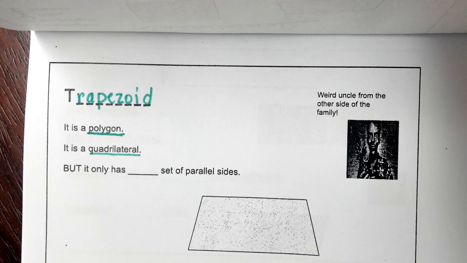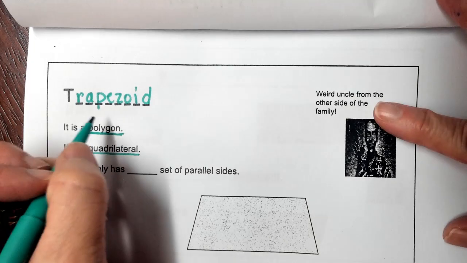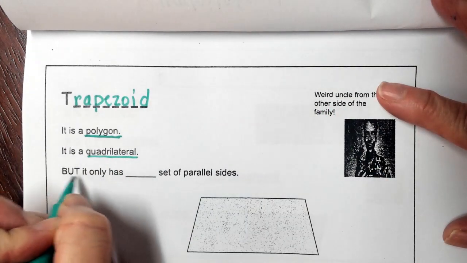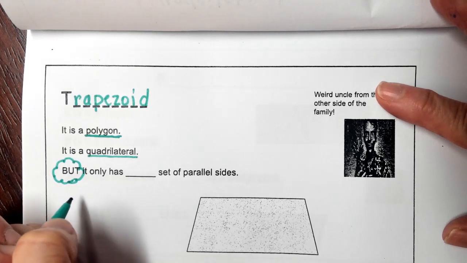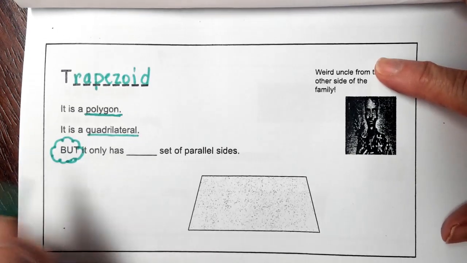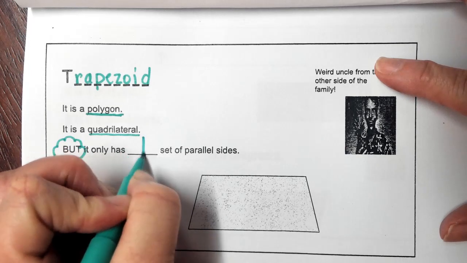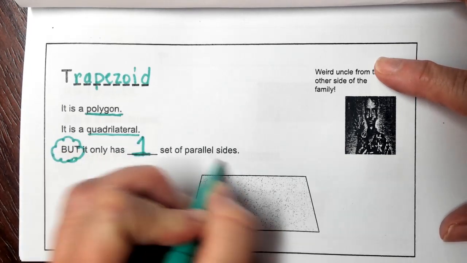Let me fix my focus here just real quick so you can see that clearly. And so when we think about the trapezoid, we think about it being different because most quadrilaterals have two pairs of parallel sides, but the trapezoid only has one set of parallel sides.